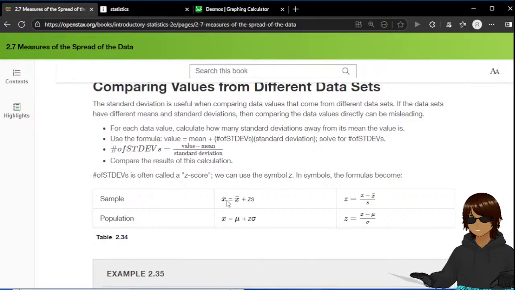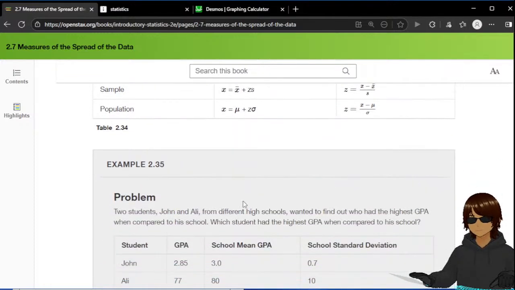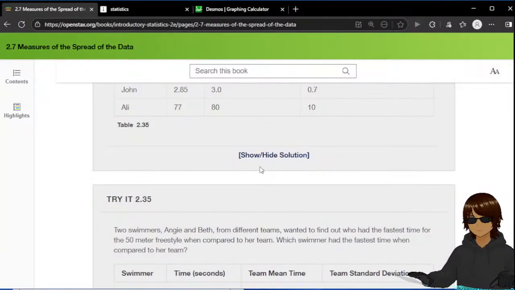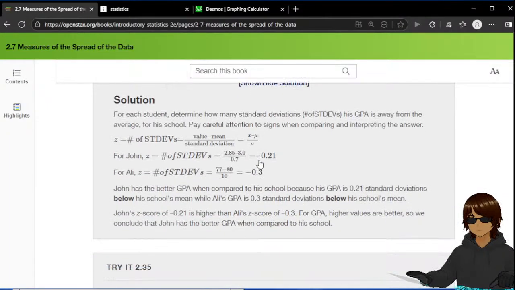So x is equal to the mean plus z, which is what we are calculating, times s, right? So how many standard deviations away from the mean is x? The z-score is minus 2.1 and the z-score for Ali is minus 0.3.